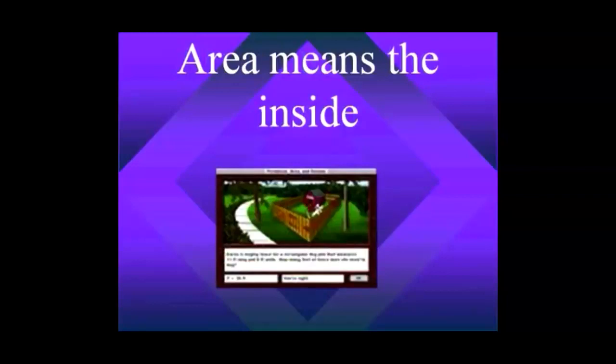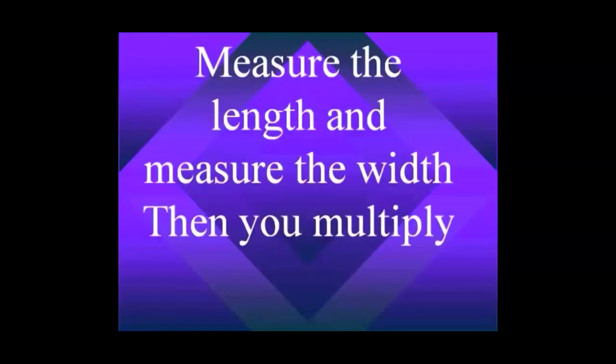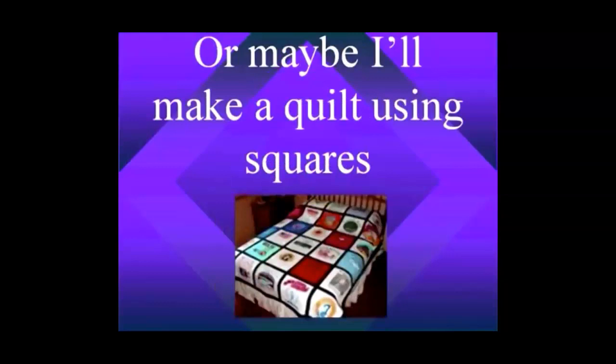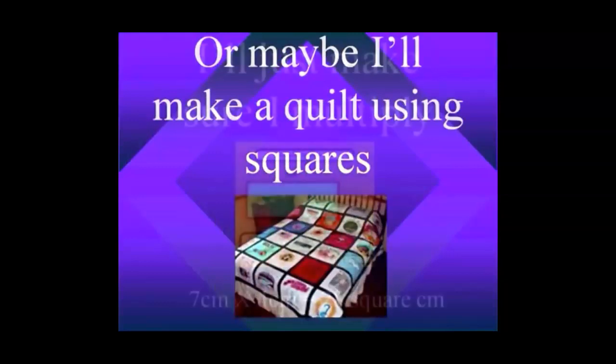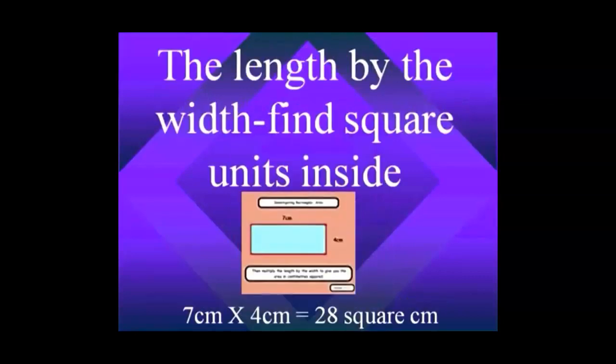Area means the inside. Cover the surface that's inside. Measure the length and measure the width, and then you multiply. Well, maybe I'll buy a new shag carpet, or maybe I'll make a quilt using squares. And I'll just make sure I multiply the length by the width, find square units inside.